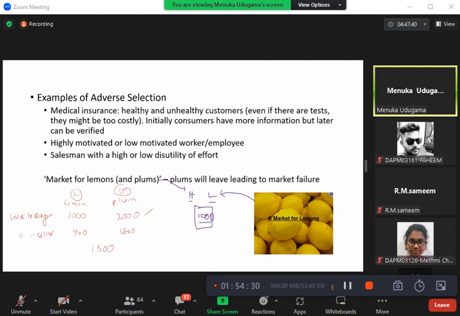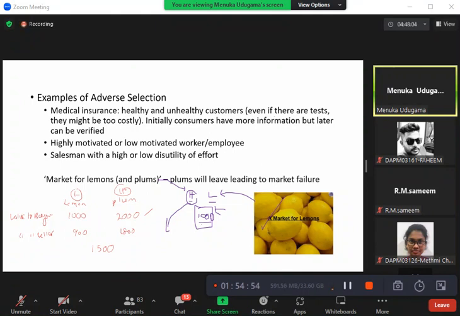So what would happen now? Once you purchase, you pay the same price even for a low quality car, and then the buyer will be in trouble. And the high quality car owners will not want to sell at this price. So what would happen is these high quality cars will leave the market, and it will only have lemons left. And the lemons can do whatever they want because there are only lemons in the market.